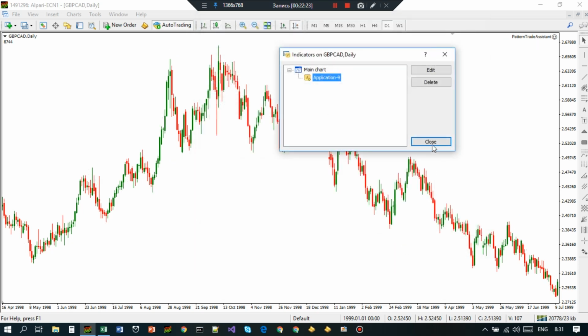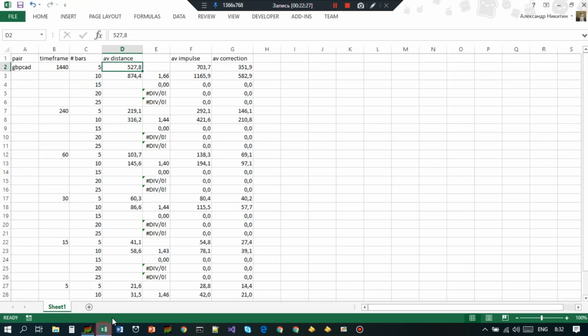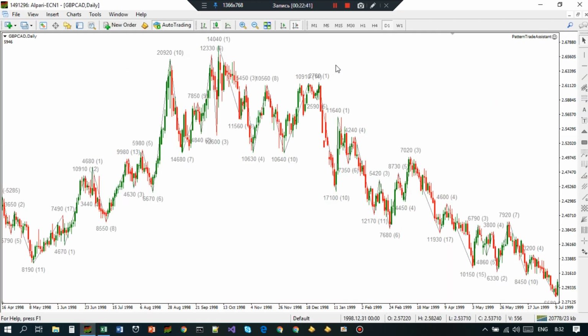Others are very much okay. 594.6. Other bars were calculated okay. So 147. Okay, looks okay. Now let us switch to 20 period, 15 period.